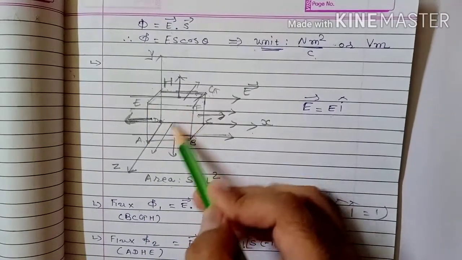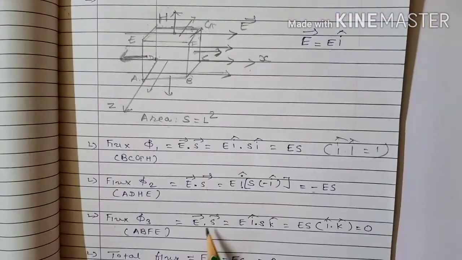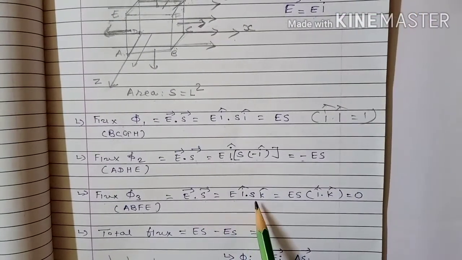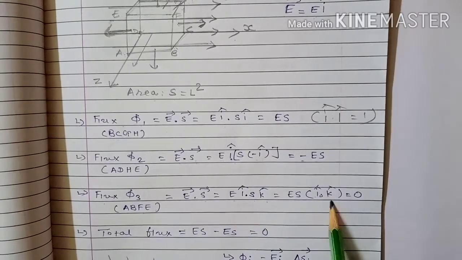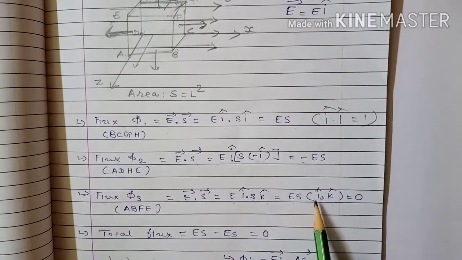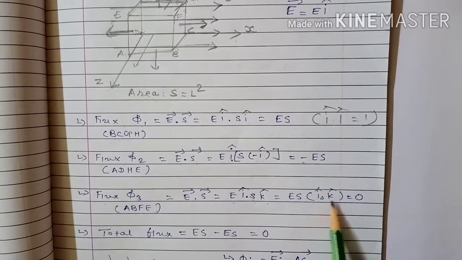If we have to find flux through other surfaces, that is ABFE, for that direction of area vector is in Z direction. So for that electric flux is written as E vector dot S vector is equal to E I cap dot S K cap. ES as it is, magnitude as it is, direction I cap dot K cap. Here I cap is X direction, K cap is Z direction, both are perpendicular to each other.